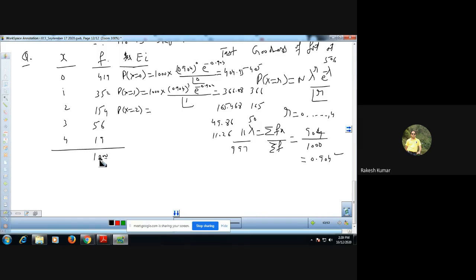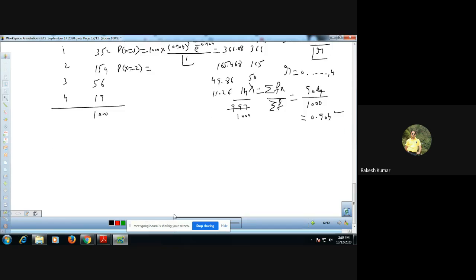This is not exactly 1000. So to make it 1000, you will add 3, because it is less by 3. You will add 3 to the last value to make it 1000. You can do it for testing it as a best fit.